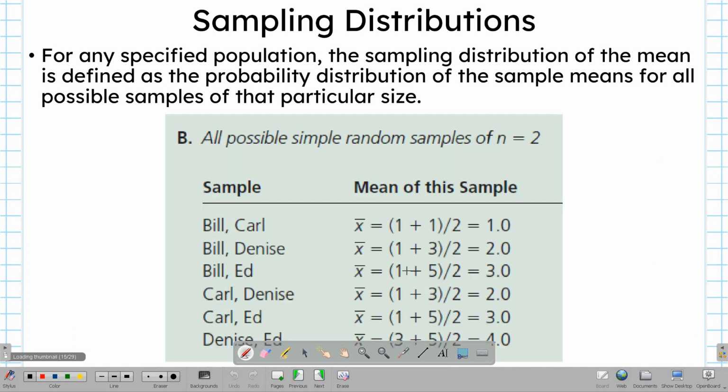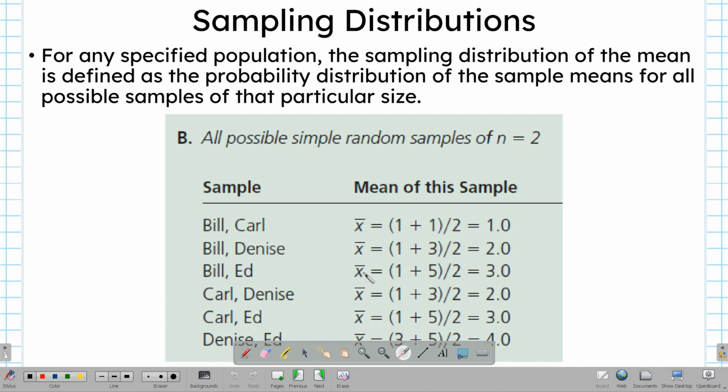Now, if we take all possible simple random samples of 2, we get the following. These are all the possible simple random samples of size n equals 2. We then get the mean number of soda cans for the people in each sample.